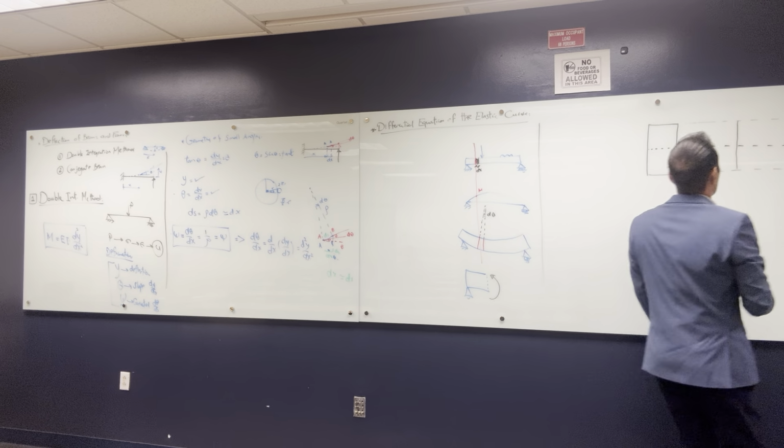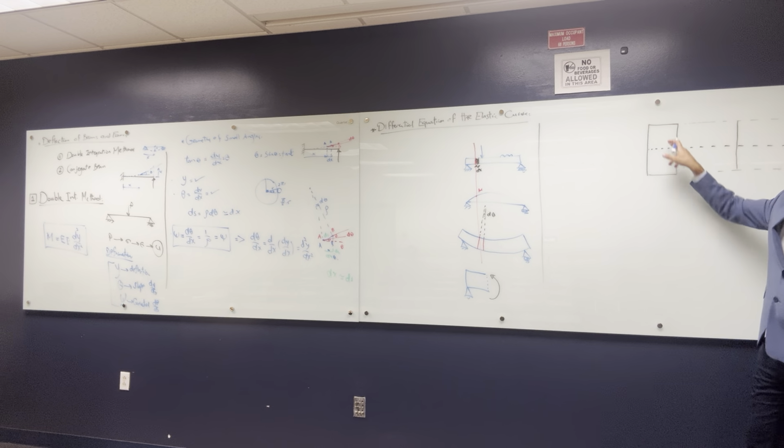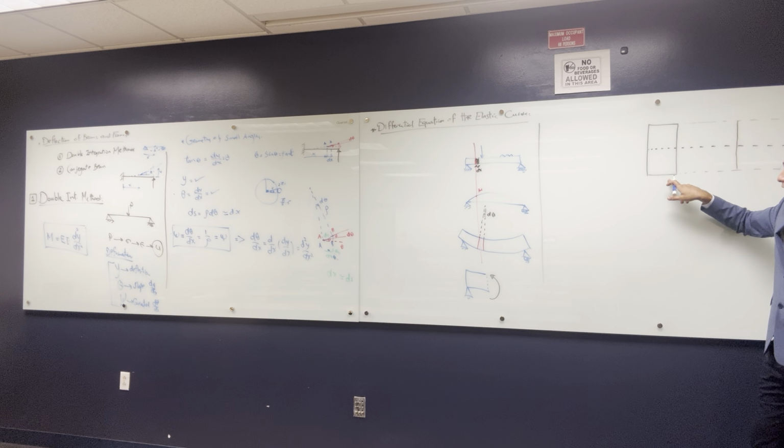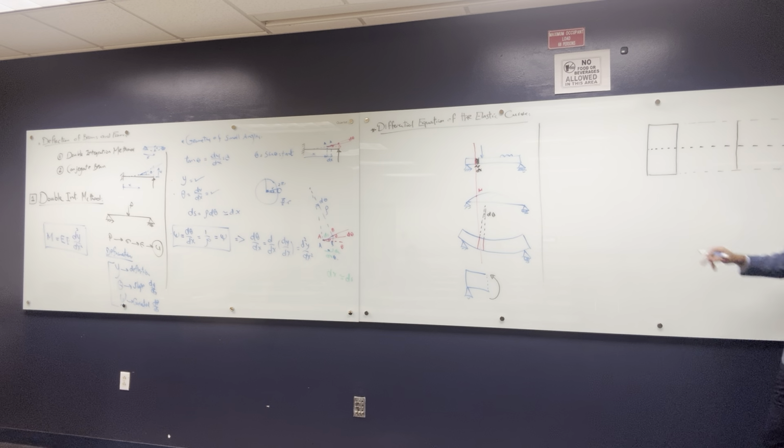For the stresses, I know that the top part has compression, so it's going to be something like this. The maximum compression is at the top, the maximum tension is at the bottom, and in the middle there is no tension or compression, it's zero, right? So here you have compression, this section is compressed, and here it's compression, right?